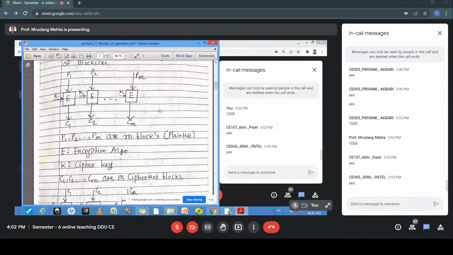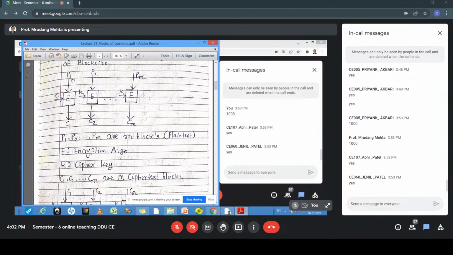If we apply this method of encryption, it is possible that some plain text blocks are identical, because in the plain text certain parts may be matching, even at the time of transmission or encryption.